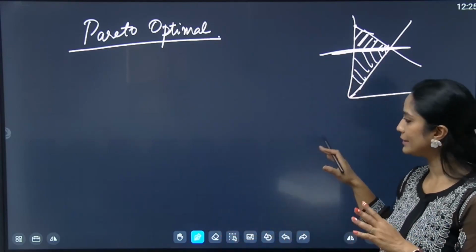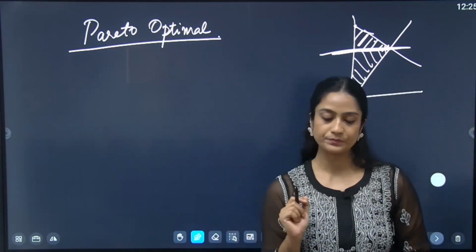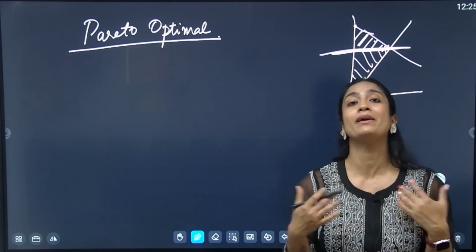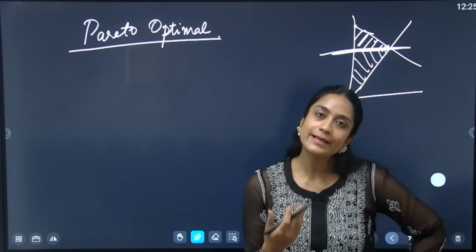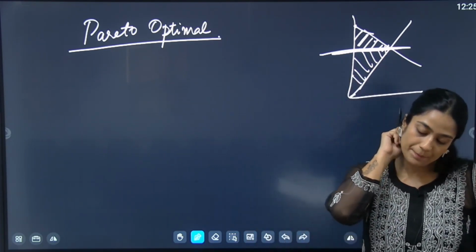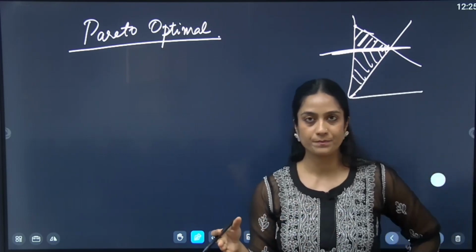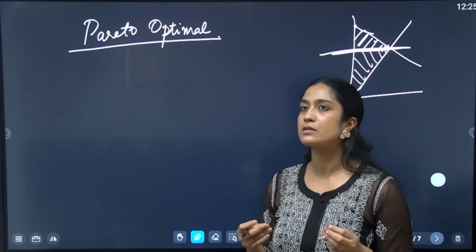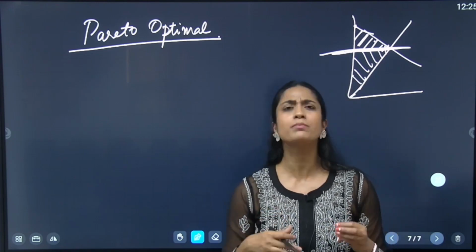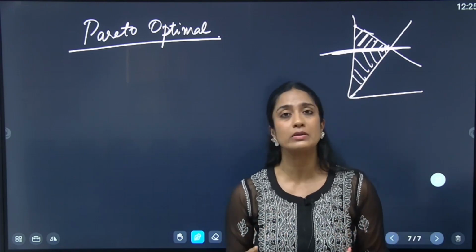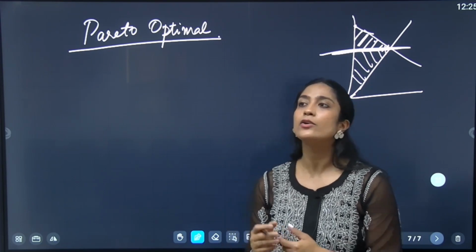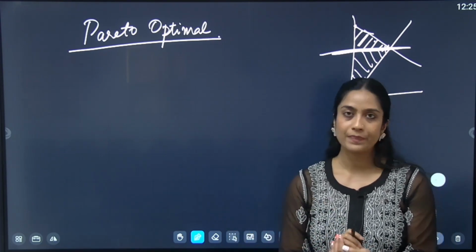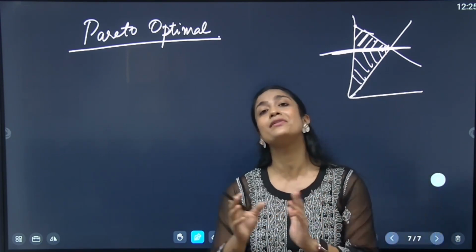Now the problem with this, what we face is that पहली बात तो यहाँ पे पैसे नहीं है, there's no money in this economy, right? And secondly, the issue is that you cannot just add utilities, right? Utility is first of all more of an ordinal concept. Secondly, you may have the same bundle that gives different utility to different individuals.